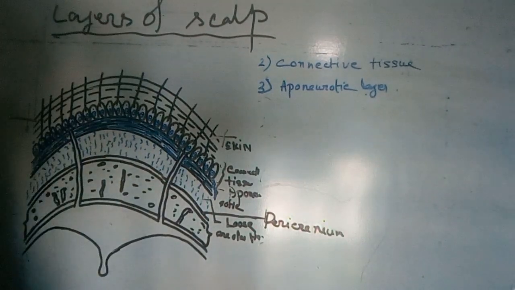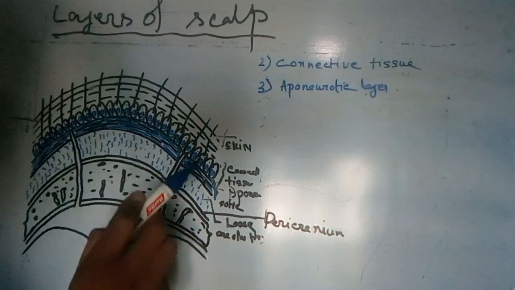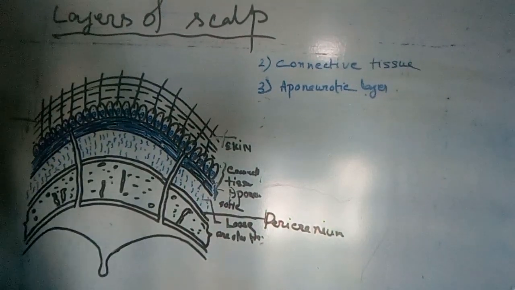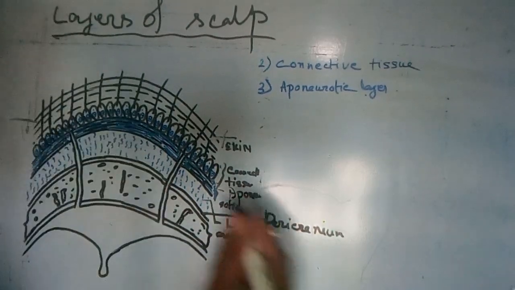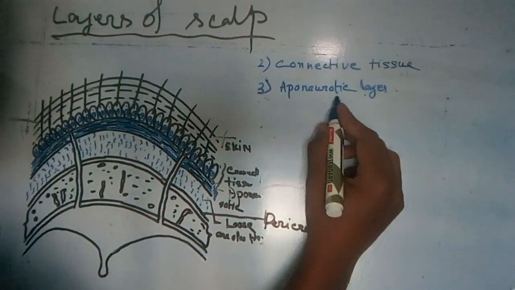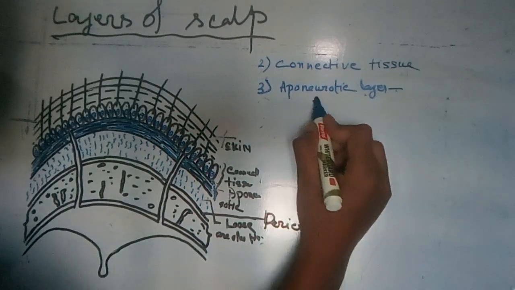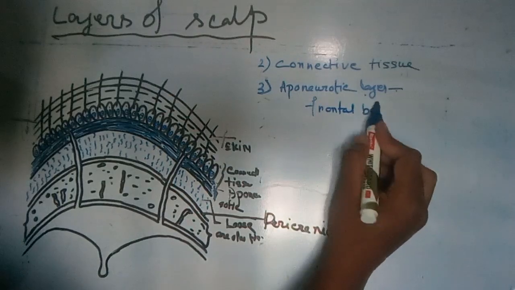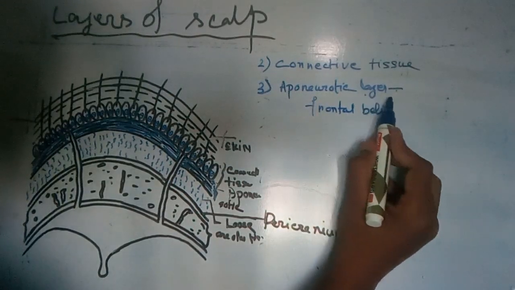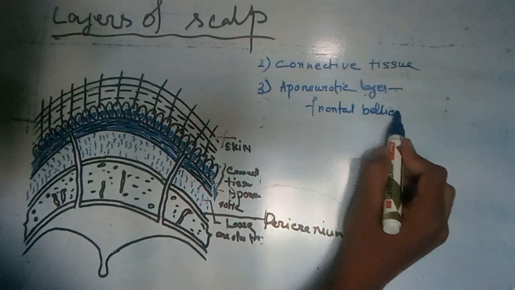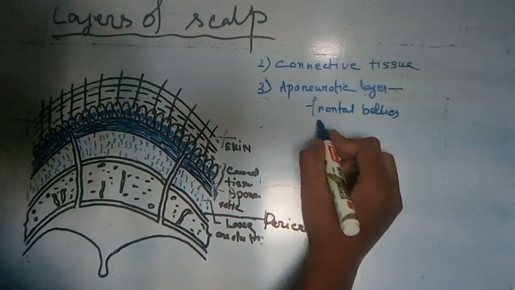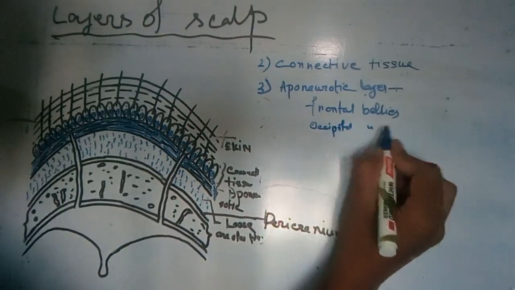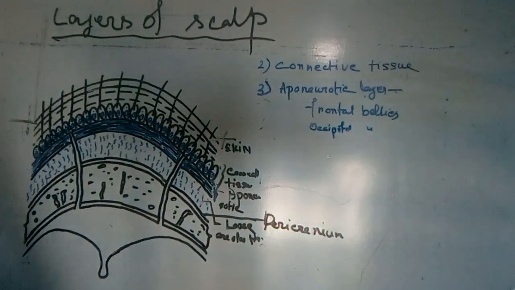The aponeurotic layer consists of two muscles, frontalis belly and occipitalis belly.